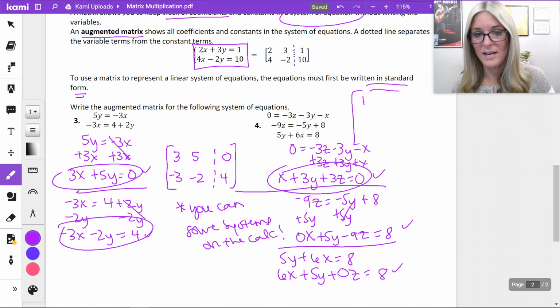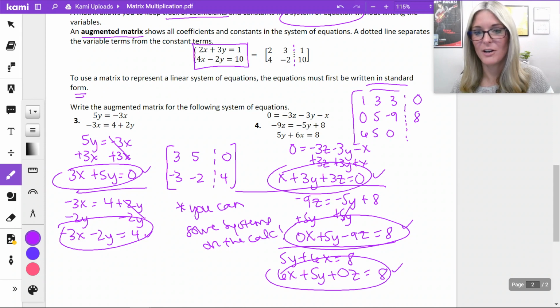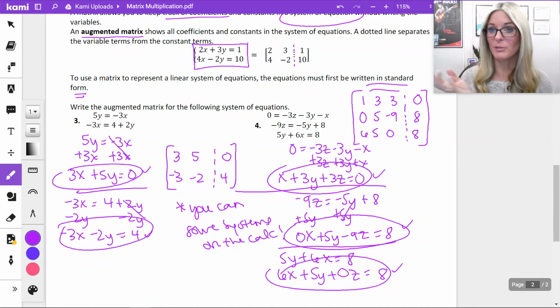So we had 1, 3, 3, dashed line, equal to 0. In the next equation, we had 0, 5, negative 9, 8. And in our last one, we had 6, 5, 0, equal to 8. There's my augmented matrix to represent number 4.